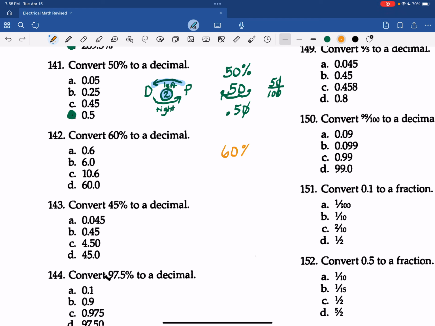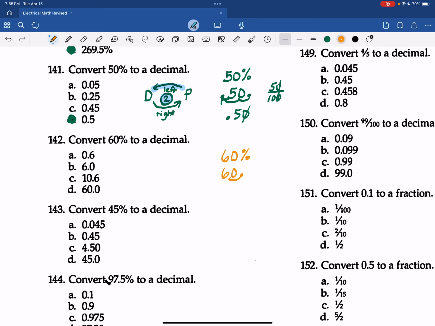So you take away the percent sign and put a decimal in its place, and then go back toward D. So 0.60, that's an extraneous 0. So 0.6 is your answer, 6/10, because 60 hundredths simplifies to 6/10.